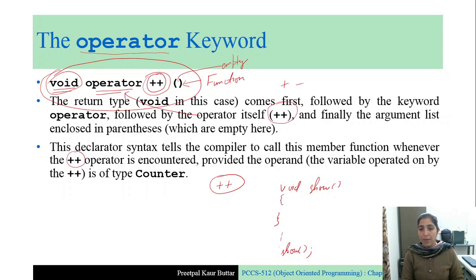The compiler, whenever it encounters this kind of statement, show parentheses and semicolon, it knows that this is a call to the show function. So it calls the show function. Similarly, suppose you are overloading the plus plus operator, void operator plus plus, and here we have the code to overload this operator.